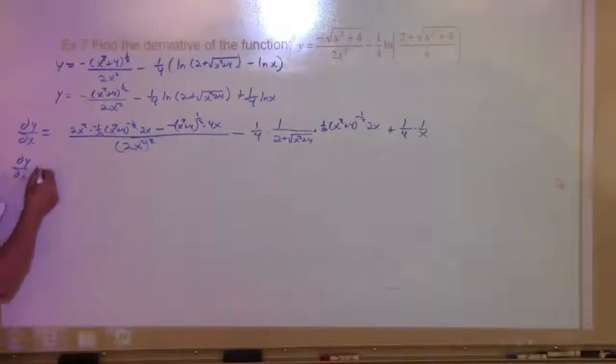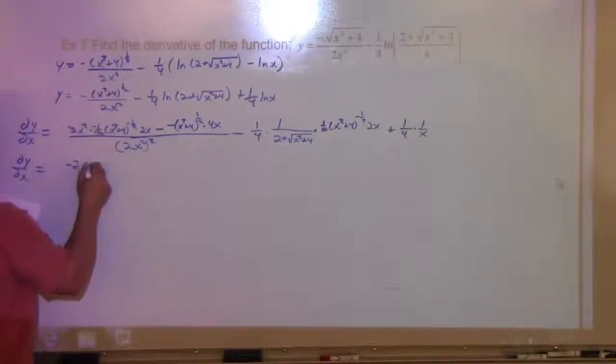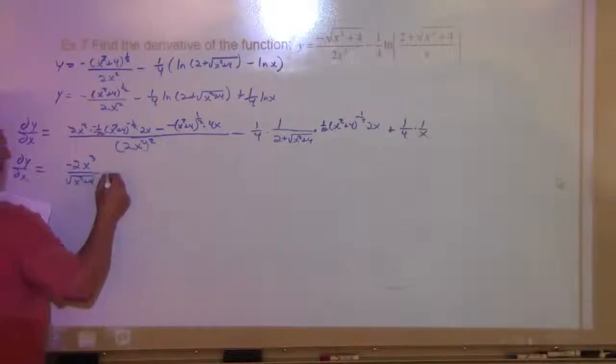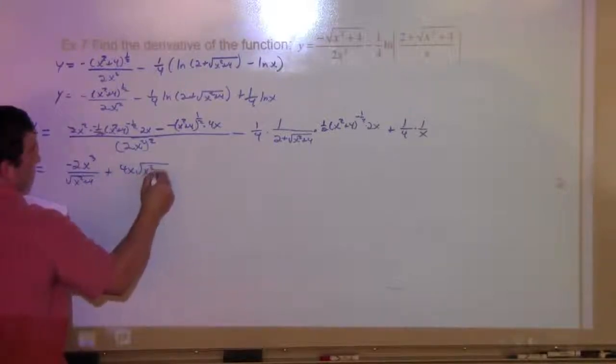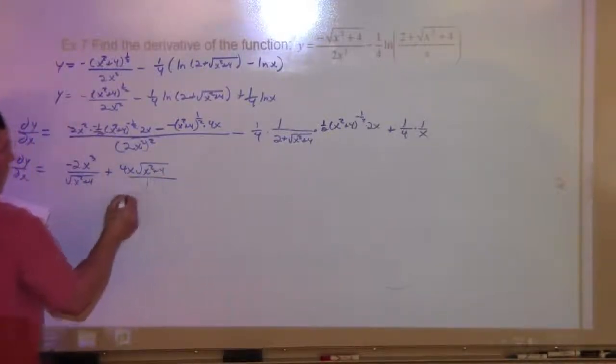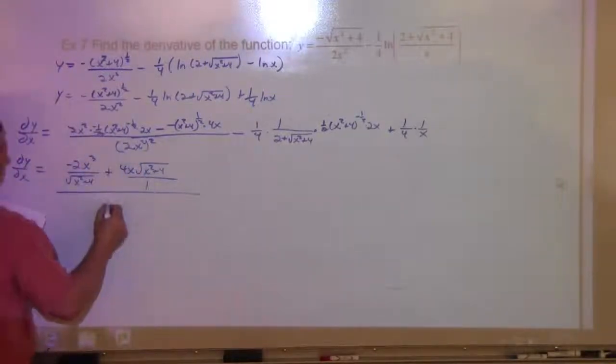So our dy dx is going to be, one of these 2's will cancel this 1/2. And we'll end up with negative 2x cubed over the square root of x squared plus 4 plus 4x times the square root of x squared plus 4 over 1. I do that because I can multiply it through now.